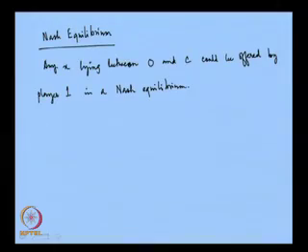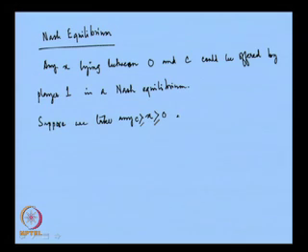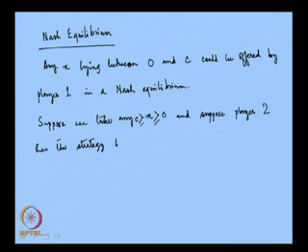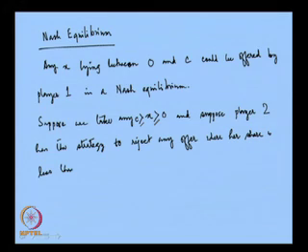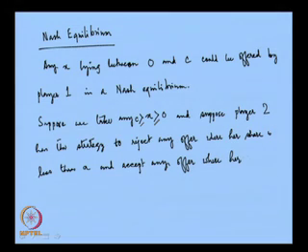So, suppose we take any x lying between 0 and c, and suppose player 2 has the strategy to reject any offer where her share is less than x, and accept any offer where her share is at least x.